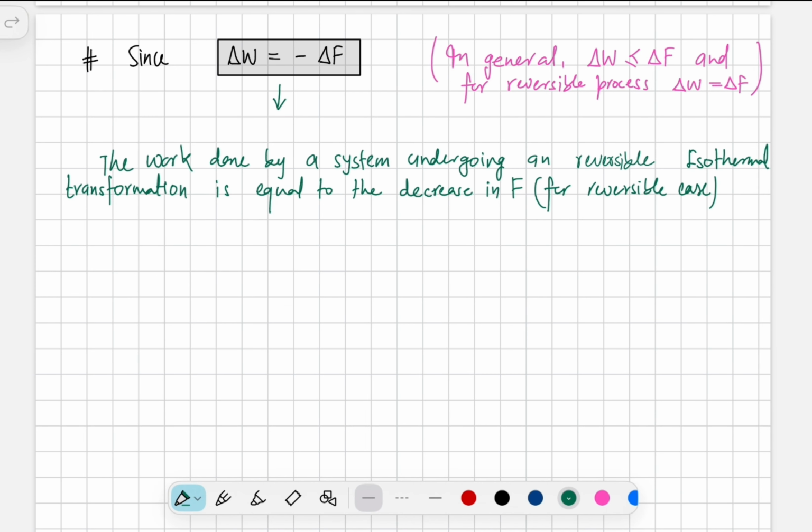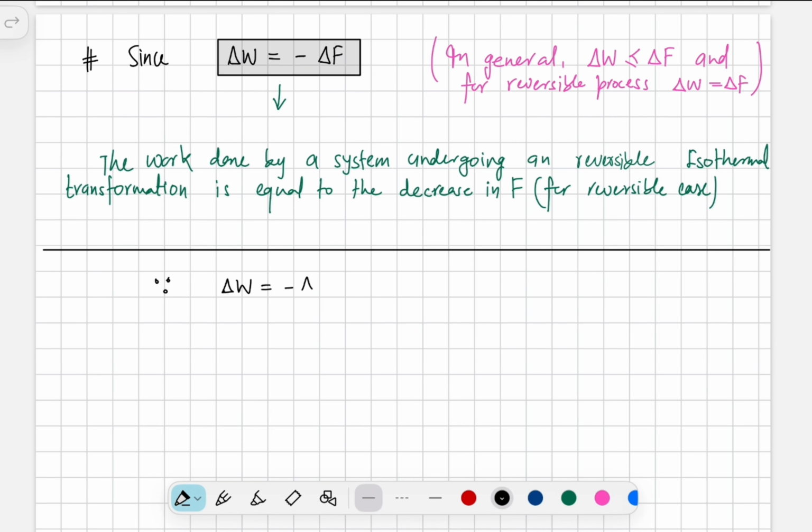So if you see, since delta W equals minus delta F, and we know that delta W is nothing but P delta V, that is P of V final minus V initial.